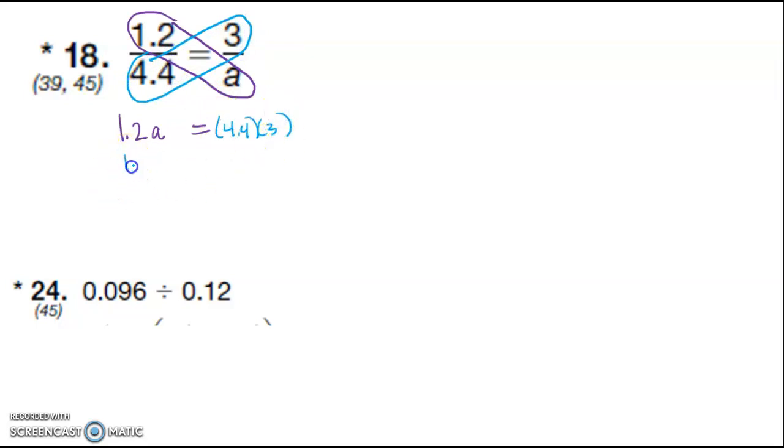All right, so my 1.2 times A is not going to change. Let me use my calculator. 4.4 times 3, I get 13.2. I want A by itself, so I'm going to divide both sides by 1.2. I get A is equal to 11.